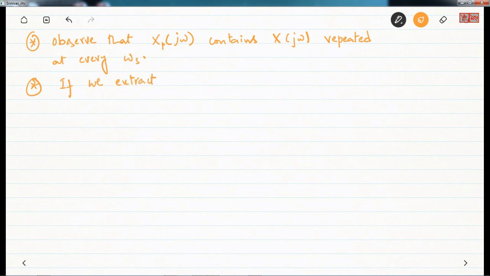If we extract x of j omega from xp of j omega, through a, okay, I'll write this in full.